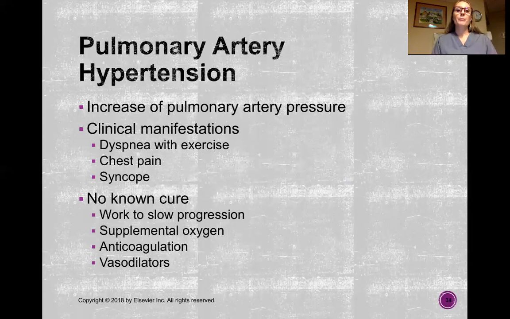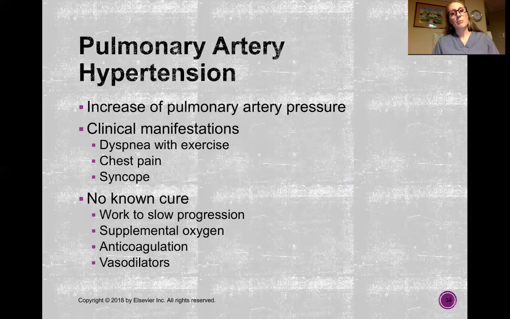So pulmonary artery hypertension is really poorly understood. It is progressive and eventually becomes fatal. The best treatment is actually a lung transplant, which can save the person's life, and is pretty much the only way to save the person's life.